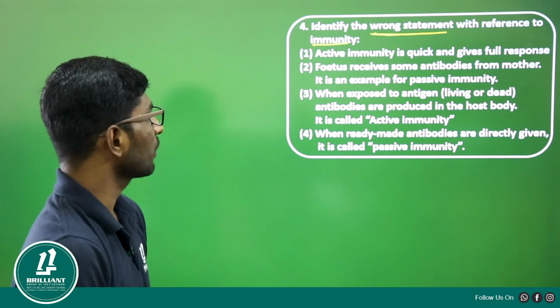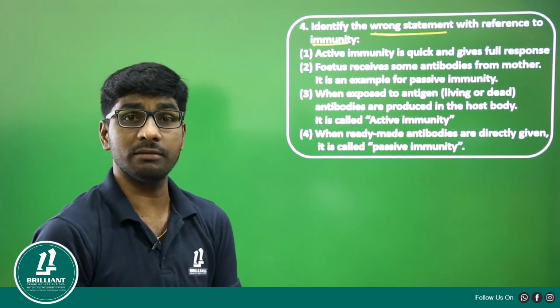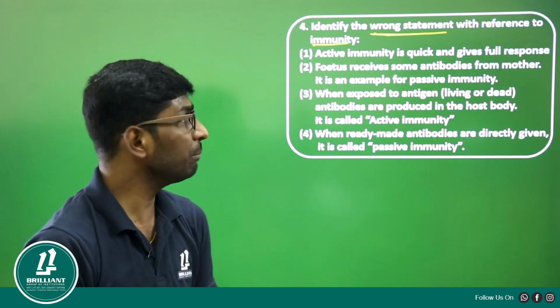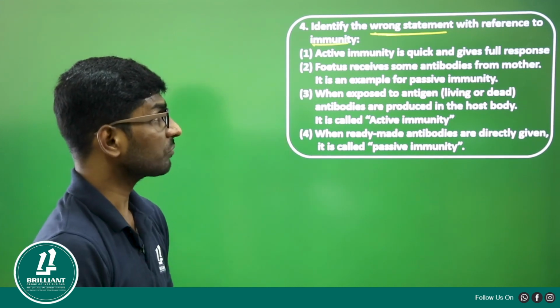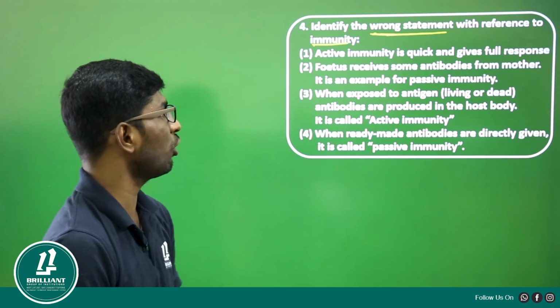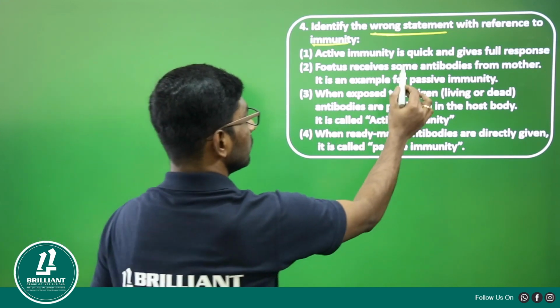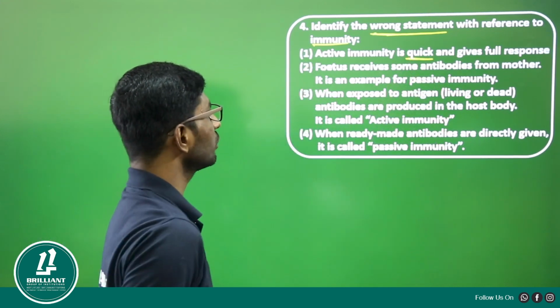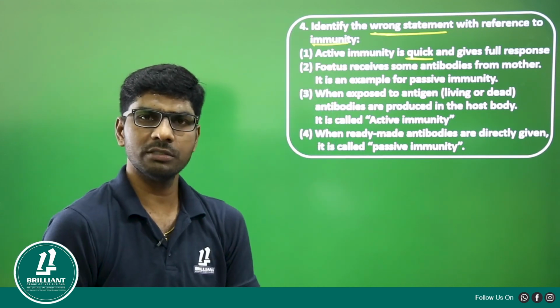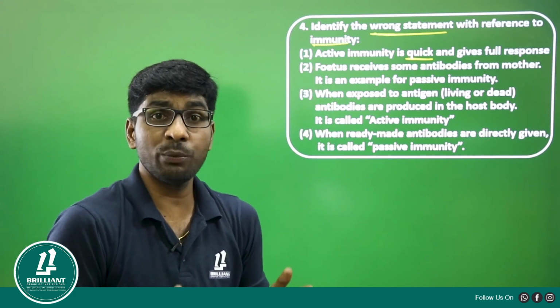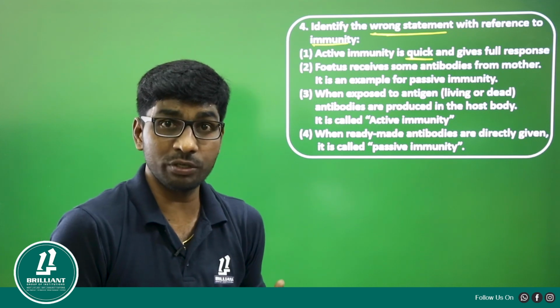Option number 1. Active immunity is quick and gives full response. What is active immunity, students? Active immunity, one type of what? Acquired immunity.